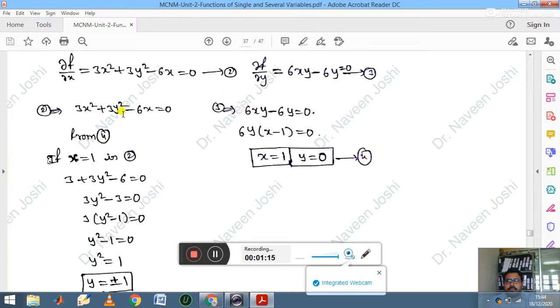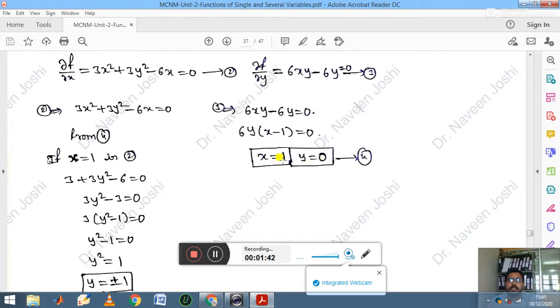If you compare equation 2 and 3, equation 3 is looking somewhat simple, so we are selecting equation 3 to solve. From equation 3 you take 6y common, then you are getting x minus 1 equals 0. It means x value 1, y value 0.